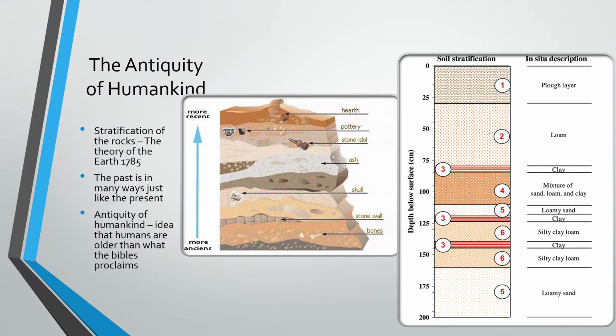So we'll crack on. The first thing which derives into archaeology was from a geologist called James Hutton from Scotland, and in his work, The Theory of the Earth, he laid the groundwork for what is known as stratification. Essentially, as you can see on these images, the soil has different layers, and these different layers accumulate at different moments in time.